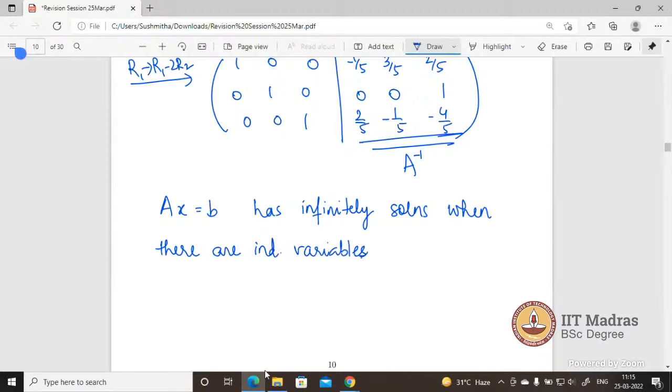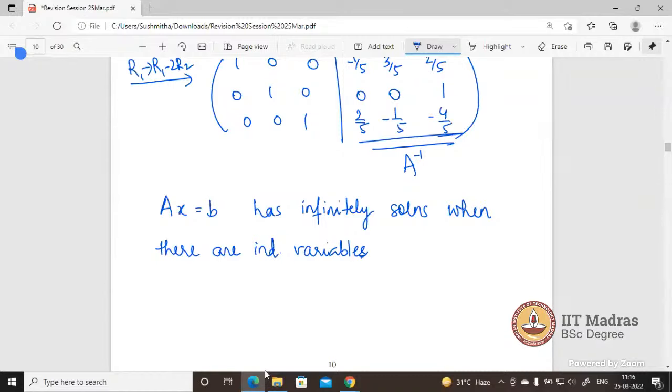When there are independent variables... What are you confused about? When the number of variables is lesser than the number of rows, and when the number of variables is greater than the number of equations, I always forget that.